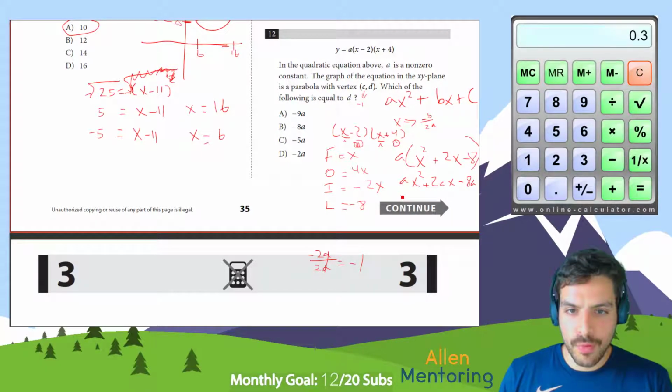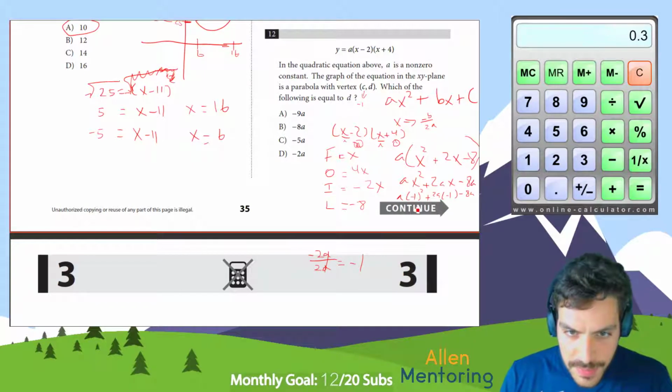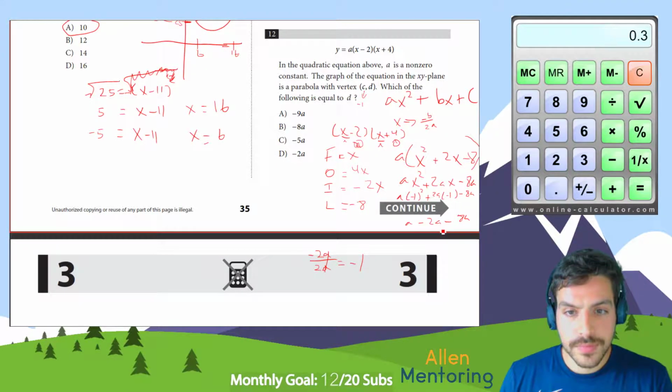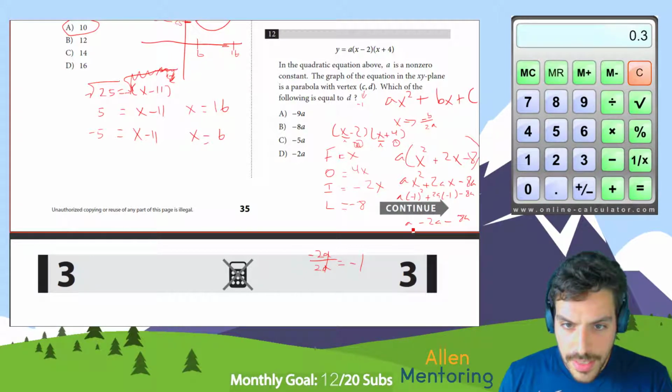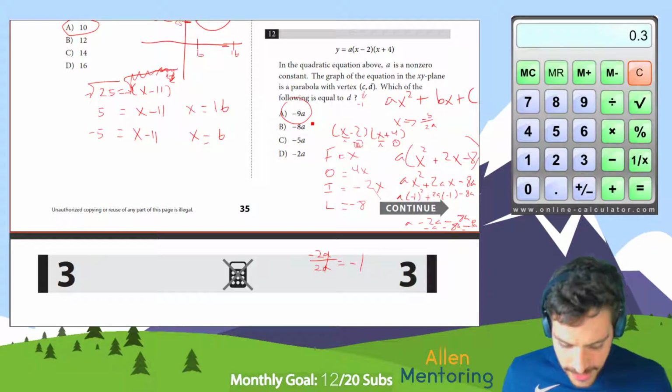So I'm going to replace x with negative 1 here, so that's going to be a times negative 1 squared plus 2a times negative 1 minus 8a. And so this becomes a minus 2a minus 8a. Okay, and so a minus 2a is negative a, minus 8a is equal to negative 9a. All right, so I think that's correct.